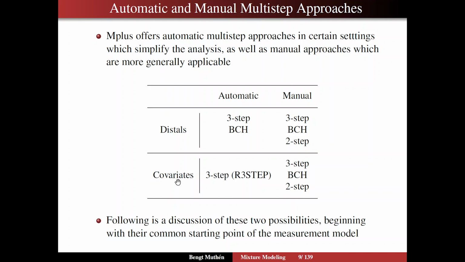For covariates, we have only 3-step, called R3STEP, regression 3-step, regressing on X's, whereas the manual approach adds BCH and 2-step. Following this, I'm going to discuss these 2 possibilities, automatic and manual, and begin with the common starting point of the measurement model, the first step of the analysis.